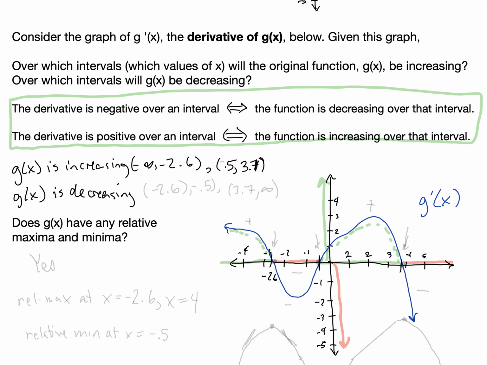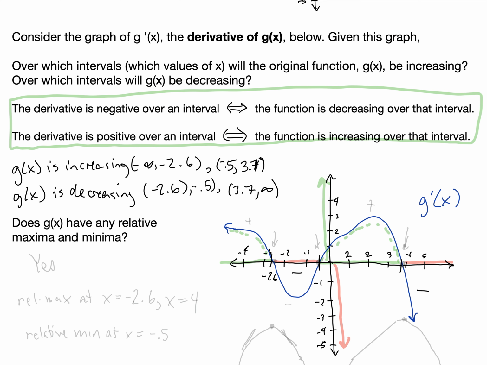So when is the derivative negative? It's negative over this interval here, from negative 2.6 up to negative 0.5, and it's also decreasing from 3.7 up to infinity, again, when the derivative is negative.